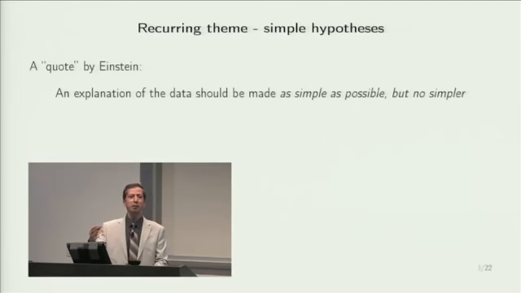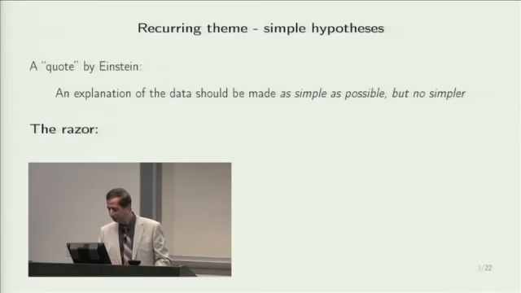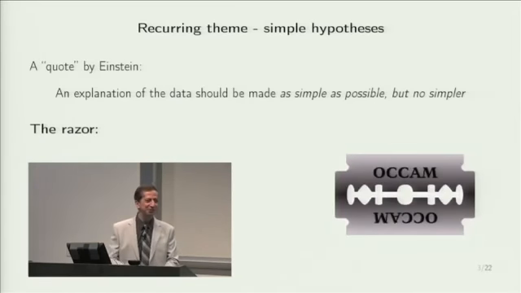And that quote in one manifestation or another has occurred in history. Isaac Newton has something that is similar, and a bunch of others. But I'm going to quote the one that sort of survived the test of time, which is Occam's razor. So let's first explain what the razor is. Well, a razor is this, okay? And you have to write Occam on it in order to become Occam's razor. And the idea here is symbolic.